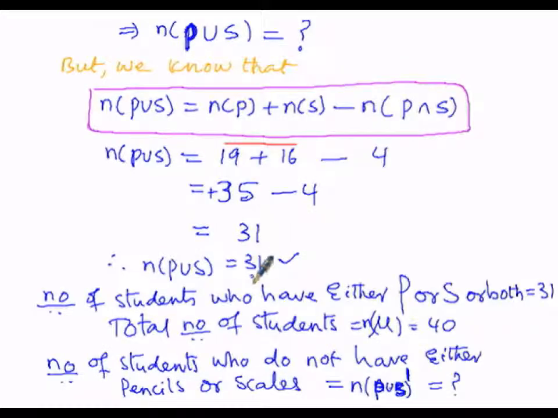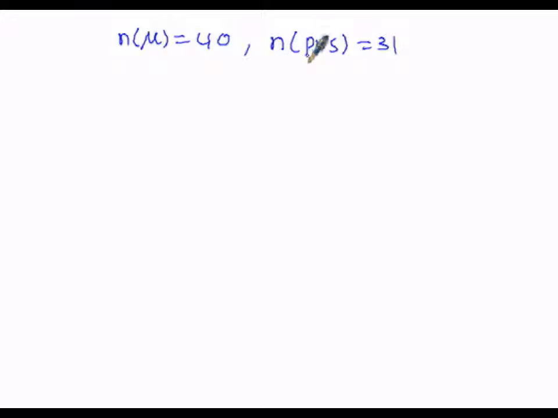The number of students who have either pencils or scales or both is 31, but we need the number who do not have, represented by the complement, which is the question mark.